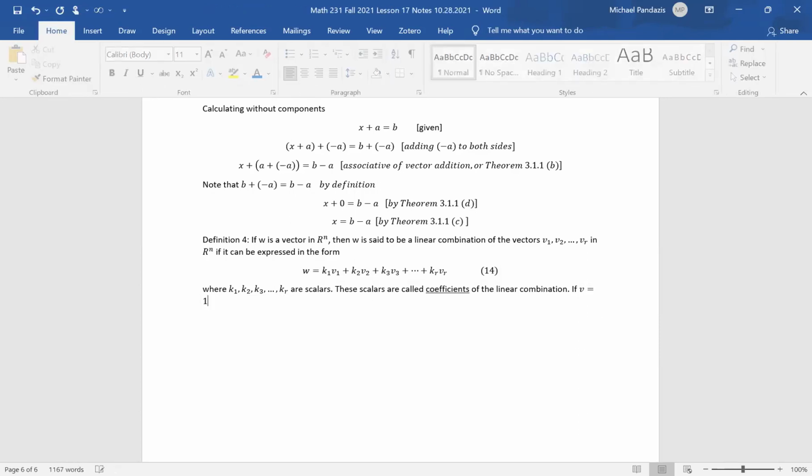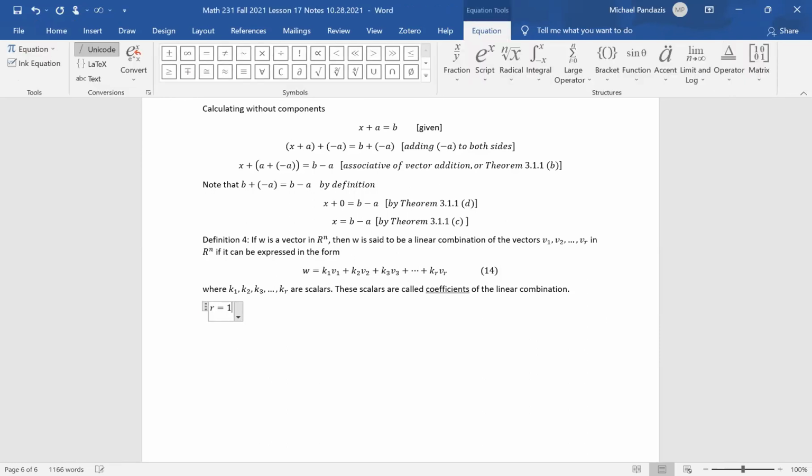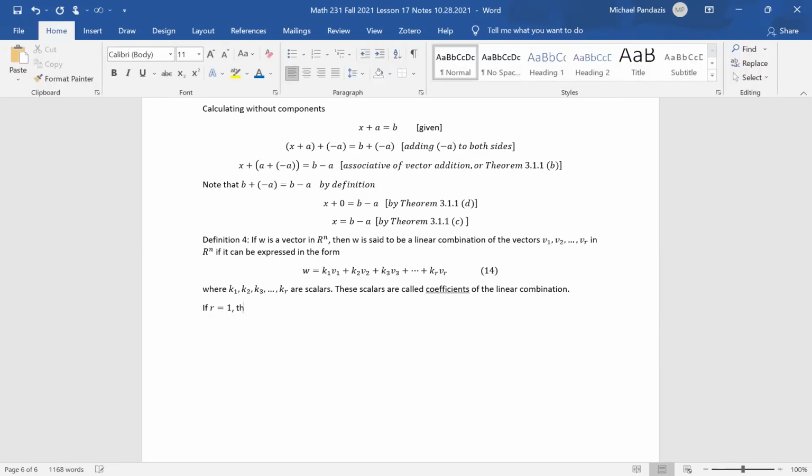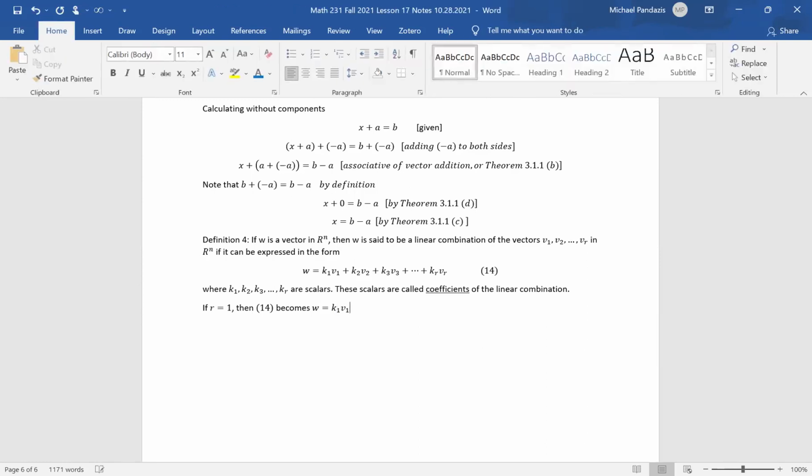If r equals 1, then equation 14 becomes W equals k1 v1. So a linear combination of a single vector is a scalar multiple of that vector.